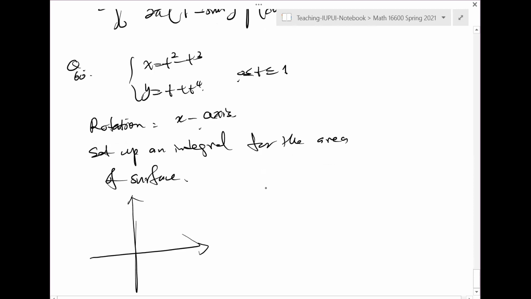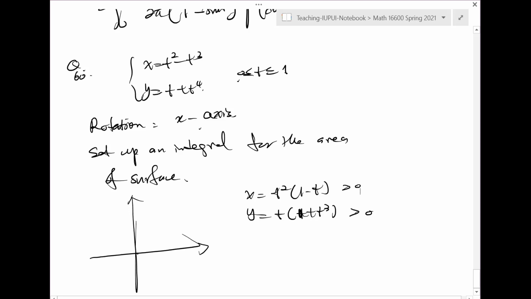Let's see, x is going to be t squared (1 minus t), right? y equals t (1 plus t cubed). So I think y is always positive, it's clear. And x is also always positive for t between 0 and 1. But when t equals 0, both are 0.